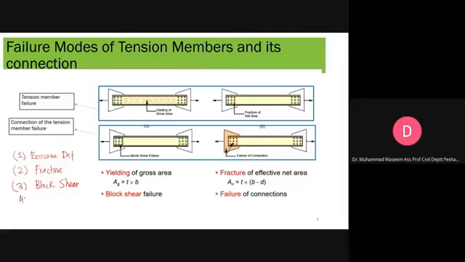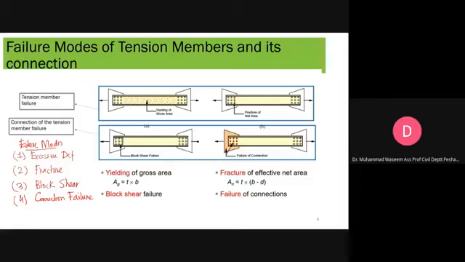And the fourth failure mode which can be attributed to a tension member is the connection failure. These are the ways a tension member can fail. Now the first is excessive deformation.